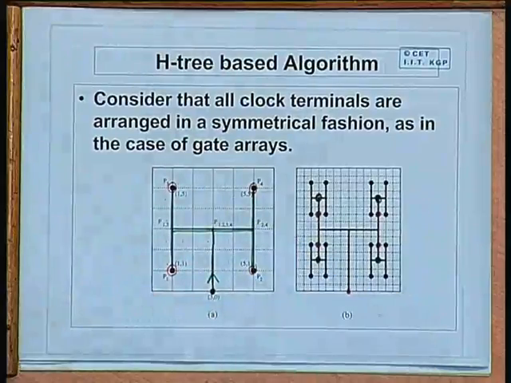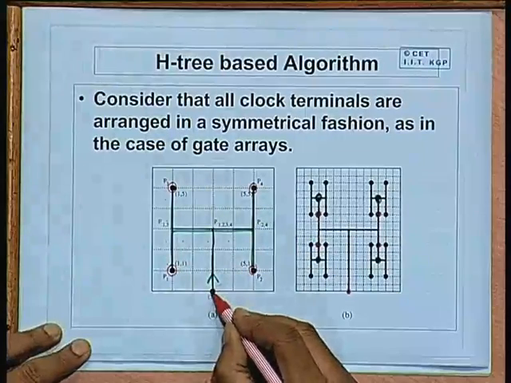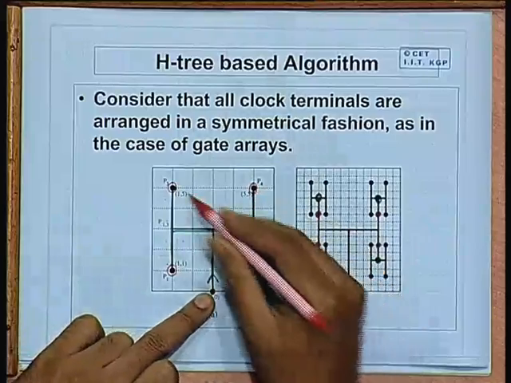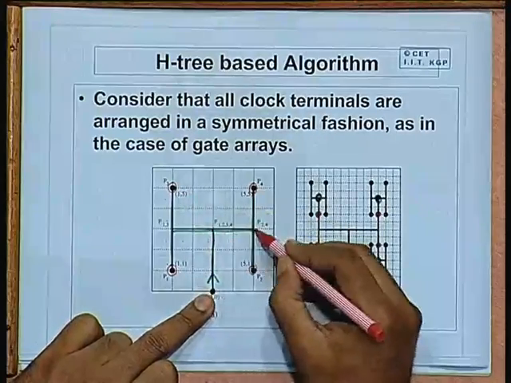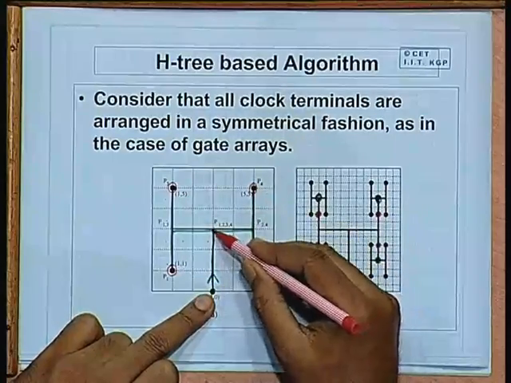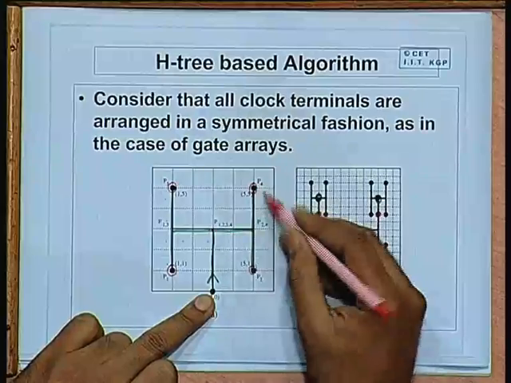Okay. So how does it ensure minimum delay routing? Well, you see, with respect to this as the source of the clock, these are the destinations. The way we have calculated the destinations, these are based on rectilinear distances, Manhattan distances.